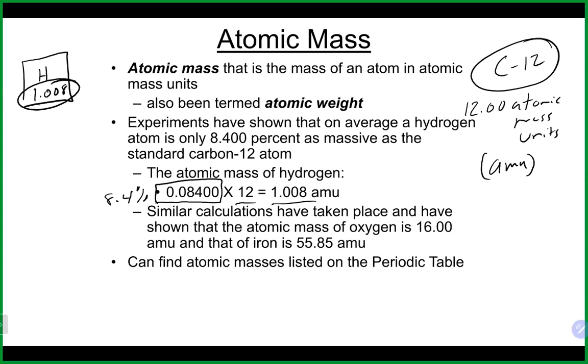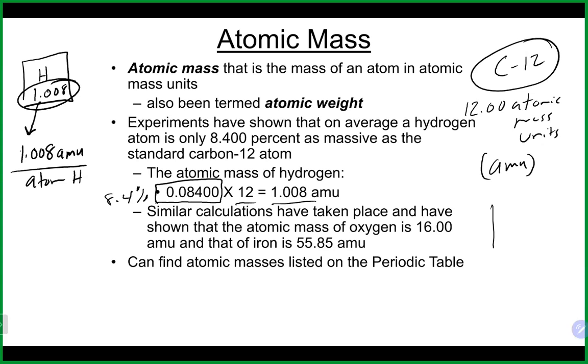If you pull that off the periodic table, what that represents is that there is 1.008 AMU, atomic mass units, in an atom of hydrogen. And you can do that for anybody else on the periodic table.